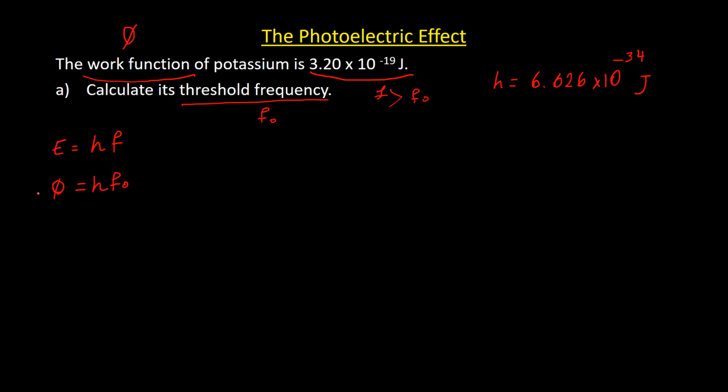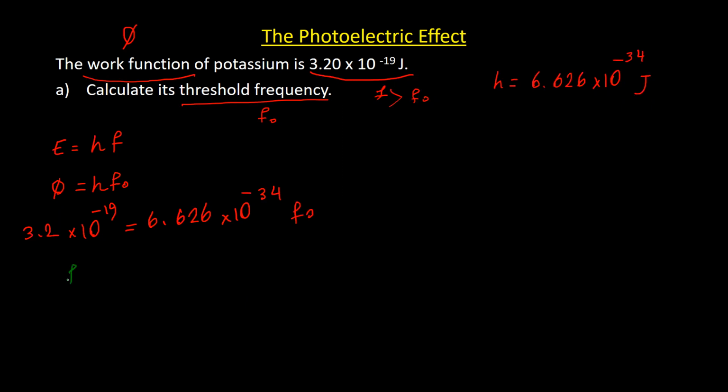By substituting the work function for phi, 3.2 times 10 to the power of minus 19, and h, 6.626 times 10 to the power minus 34, we can find our f naught.